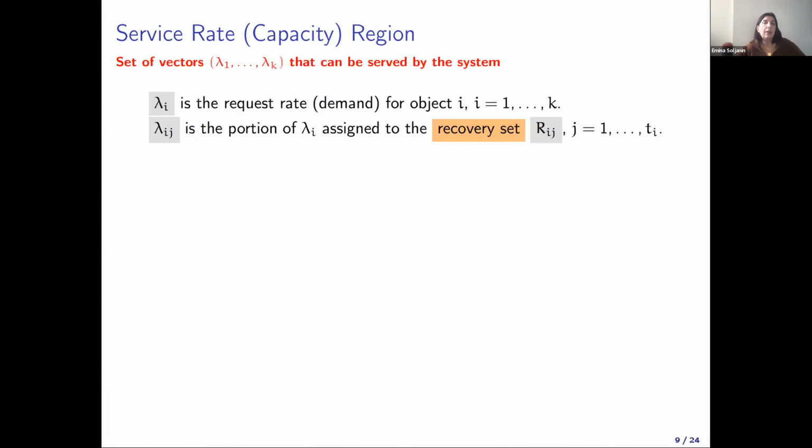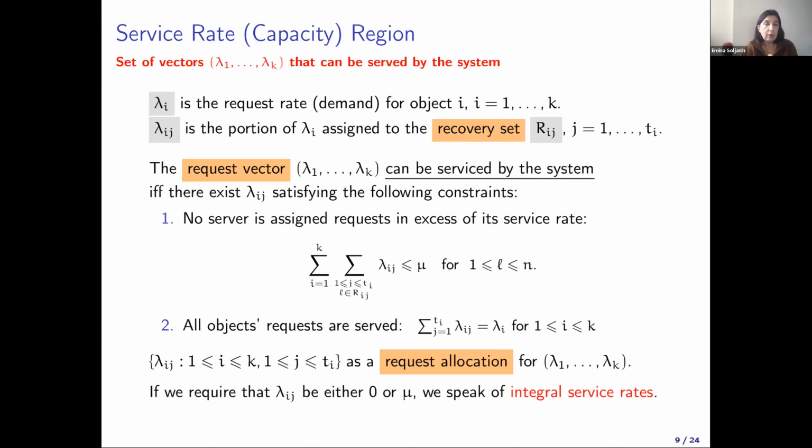Again, lambda i is a request for object i, and a portion of it is assigned to a recovery set, lambda ij. The request vector lambda 1 to lambda k can be serviced by the system if it satisfies some constraints. One is that no server is assigned requests in excess of its service rate. For example, this movie theater that is showing the XOR of A and B is of interest to A people and B people.